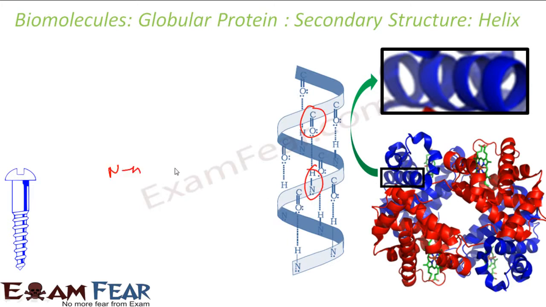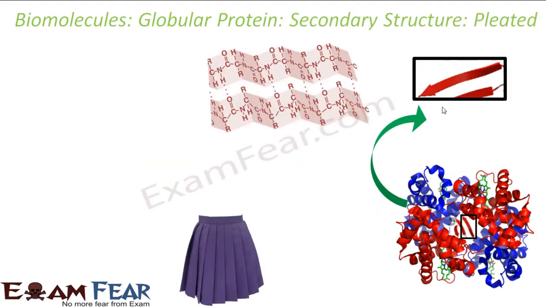The NH of this and the CO of the next have hydrogen bonding, and it will form a helix. This is the most stable secondary structure. The next type is the beta pleated. The word pleated comes from pleat. If you see this skirt, it has pleats, and this pleat is similar to that pleat.